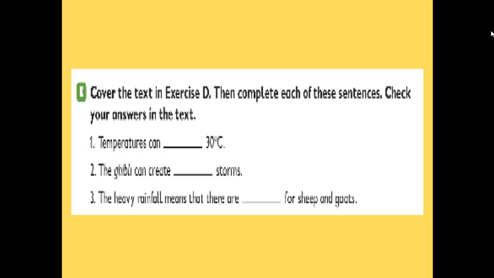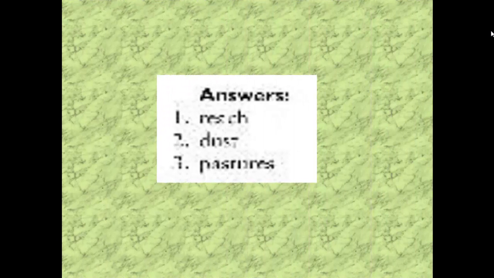The heavy rainfall means that there are pastures for sheep and goats. Here are the answers. And by doing this exercise and the previous exercises, we can conclude our lesson.